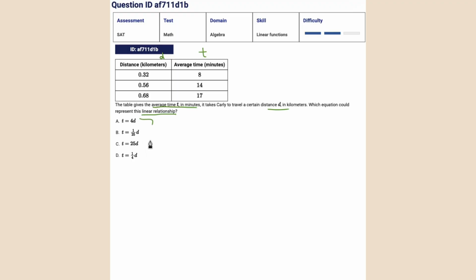And here, if you've seen these equations, t is like y, because the linear equation is y equals mx plus b. This is the slope-intercept form of a linear function. The standard form is ax plus by equals c, right? But this is the slope-intercept form, okay?